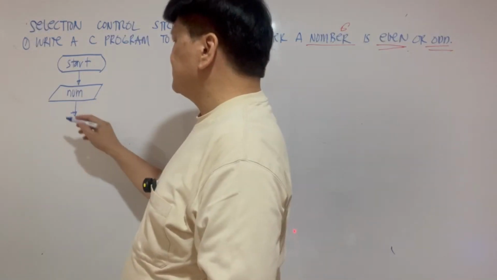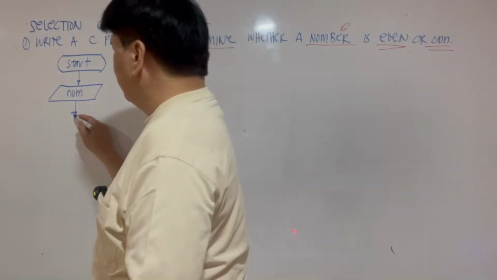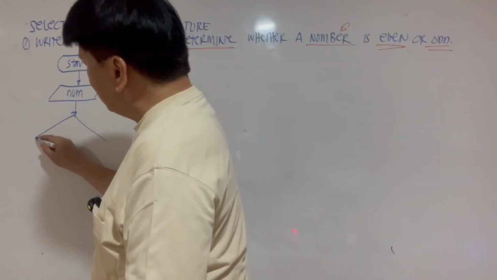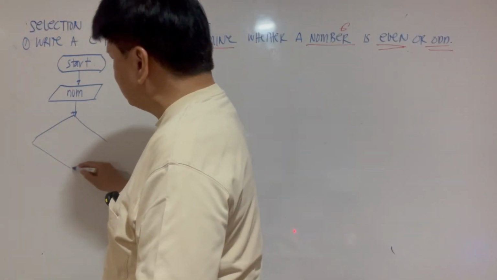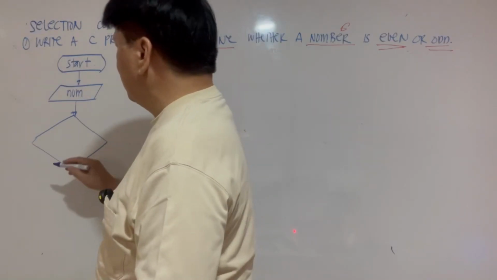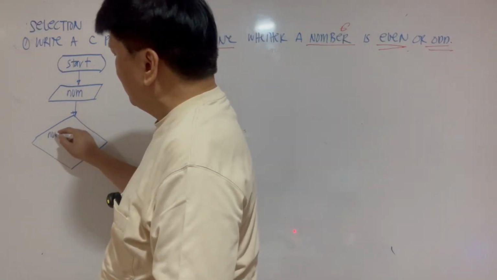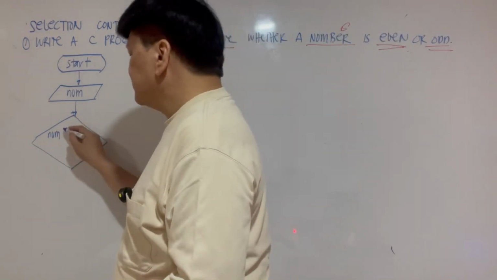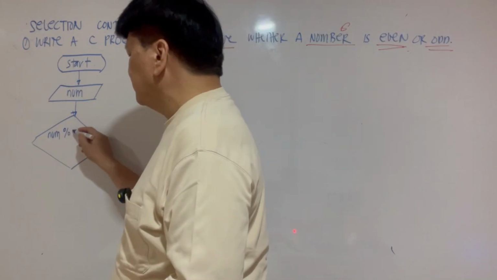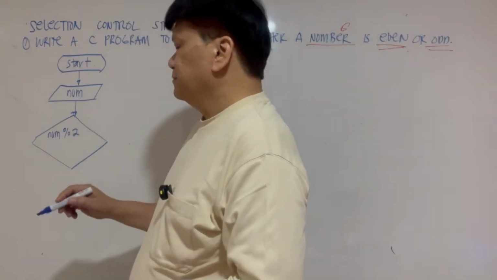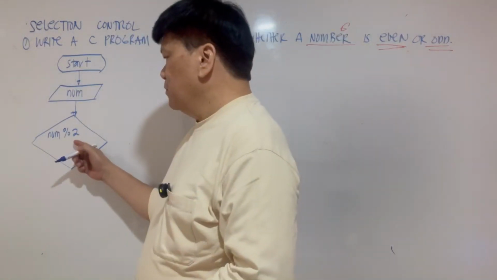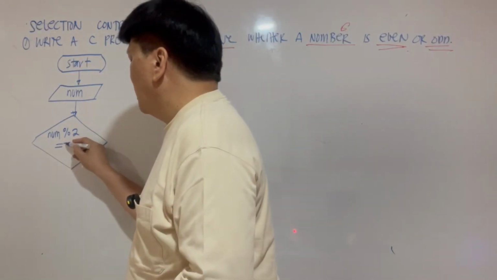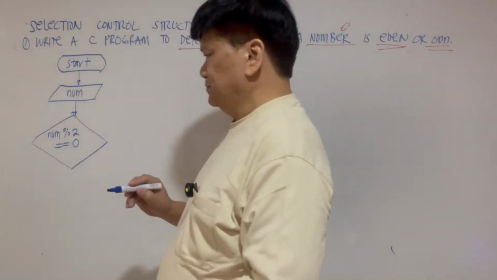Then we do the testing, whether the number is an even number. We do that by testing num, taking the remainder of num modulus 2, and testing whether that is equal to 0.